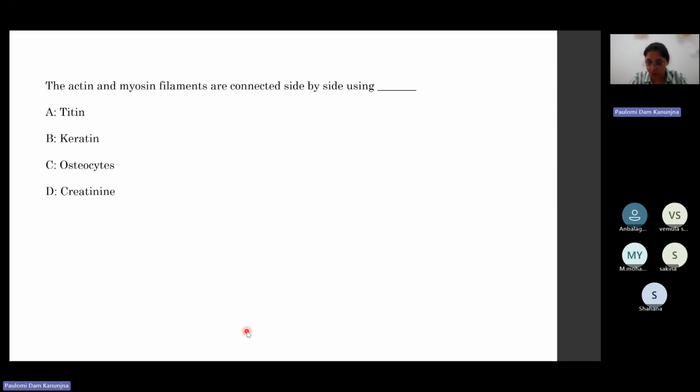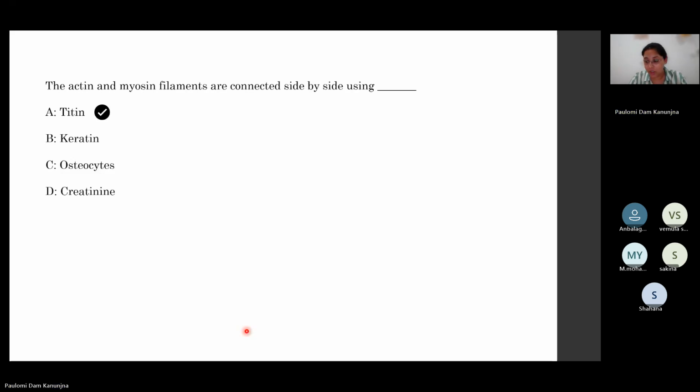A or C? Okay. Anyone else? Okay, let me give you the answer.